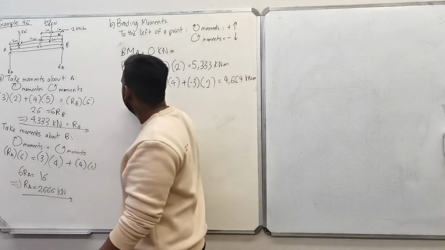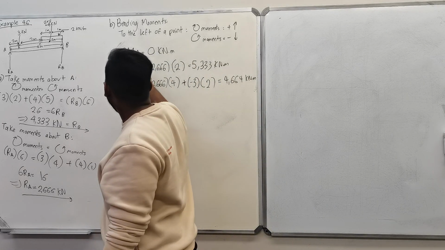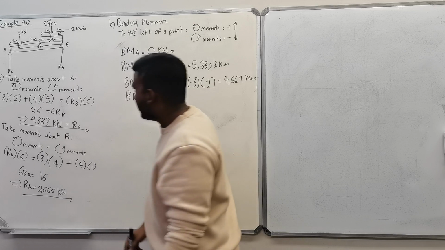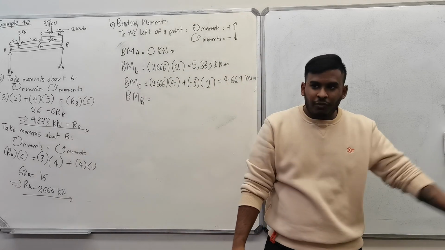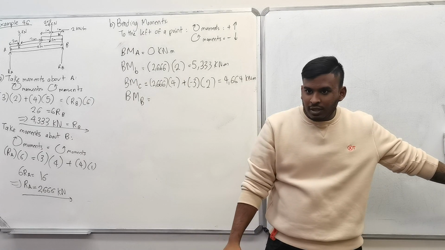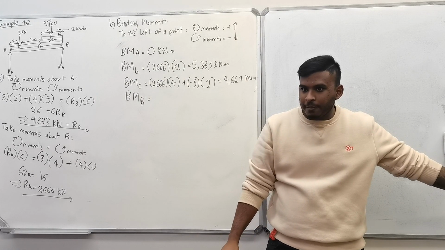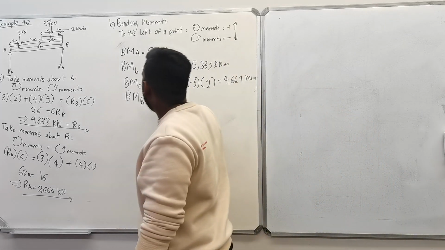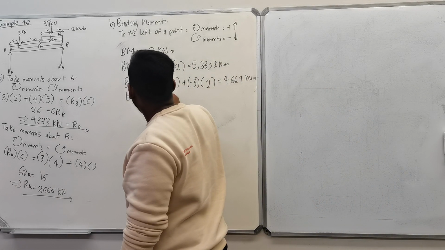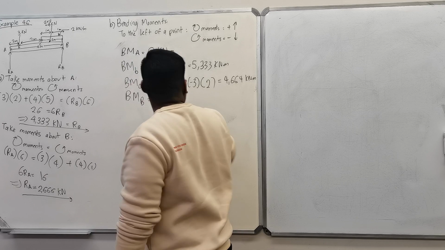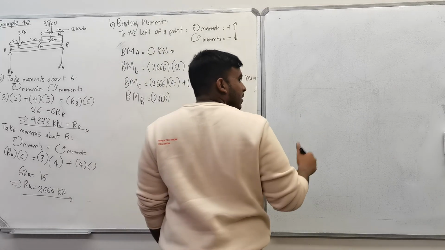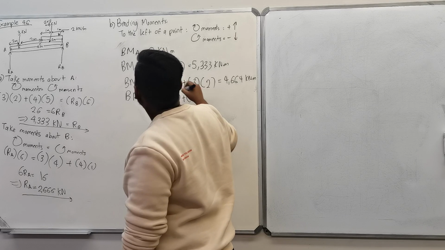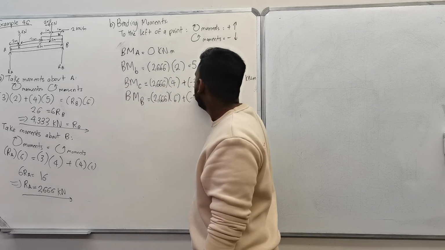Last point they asked you for, because they asked you for A, B, C and then capital letter B again. Capital letter B is on the end. How many forces act to the left of it? Three forces, right? So how would you do this? You would say positive 2.666 times 6 plus negative 3 because it's a downwards force.